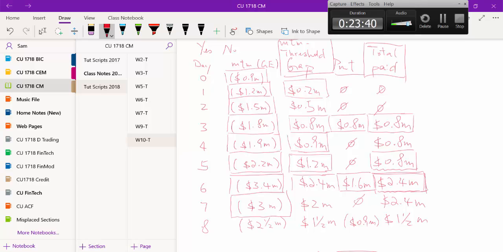Now, and I stop here, on day number 8, the market improves again. So now they're still losing, but they're losing less. So now it's $2.5 million negative market. So the gap is 1.5. So they should have this amount of collateral in JP Morgan's account.